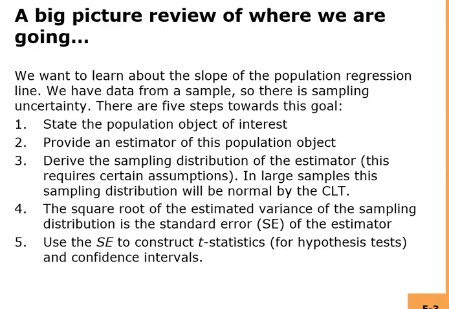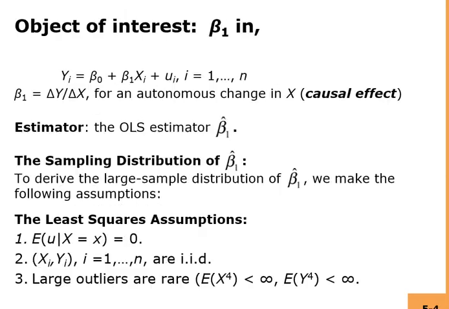And we can also use the standard error to construct t-statistics and confidence intervals. So that is component number 5. The t-stat will be used for hypothesis testing, while the confidence interval will tell us how much confidence we have in the range that the true population estimator lies within that range.